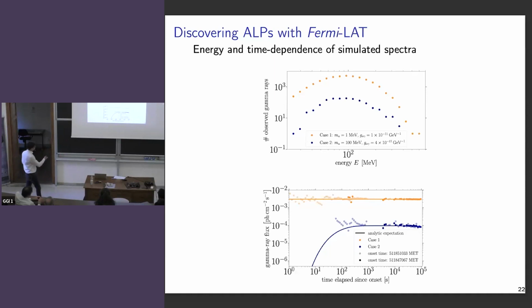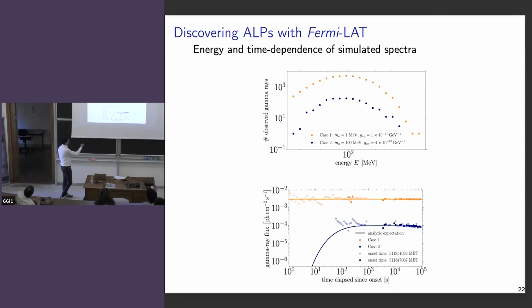On the other hand, in the lower panel, you can see the light curve of the expected gamma ray signal, integrated in this case over the energy. You can see in the solid lines the expected analytical flux, while the dots represent the simulated data.